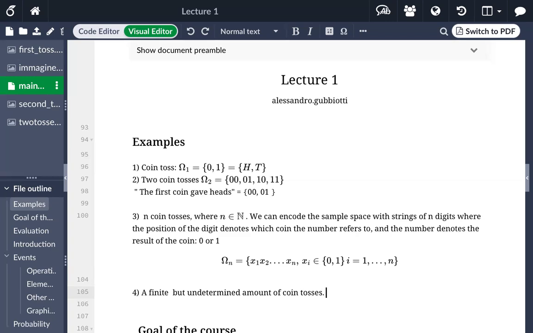What does it mean? You know for sure that you will stop tossing a coin, but you don't know when exactly. How can we write this sample space?